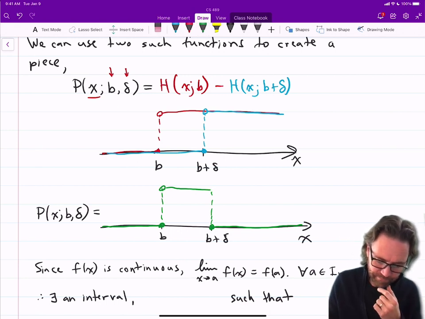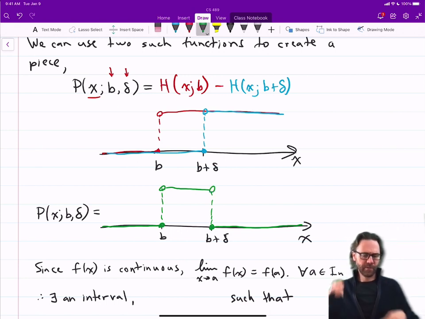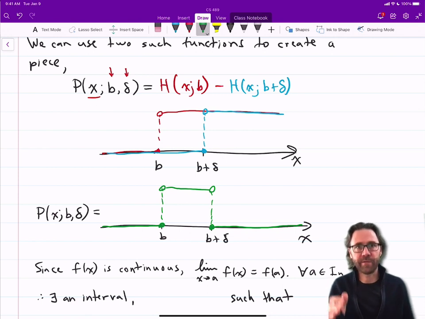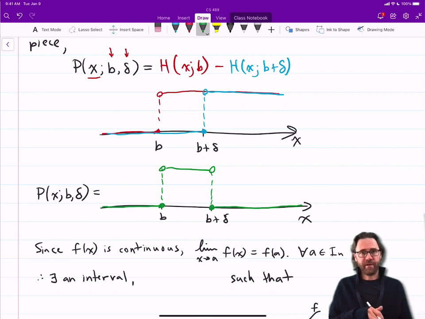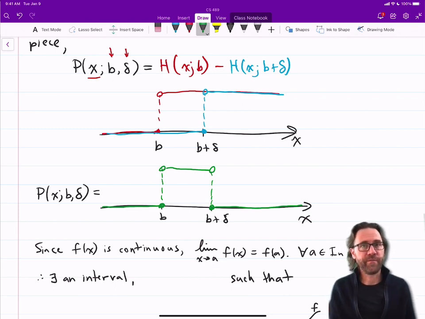I'm not too concerned about those limit cases. But you can see that we have a little piece that's 0 everywhere else. So really, we can use this piece as kind of like a little tile and model our function f of x by putting a whole bunch of these tiles down. That's what we're going to do.